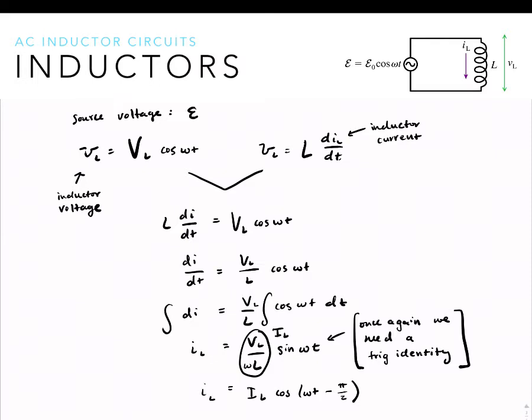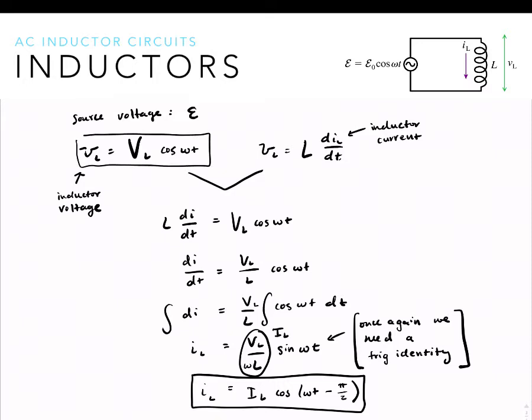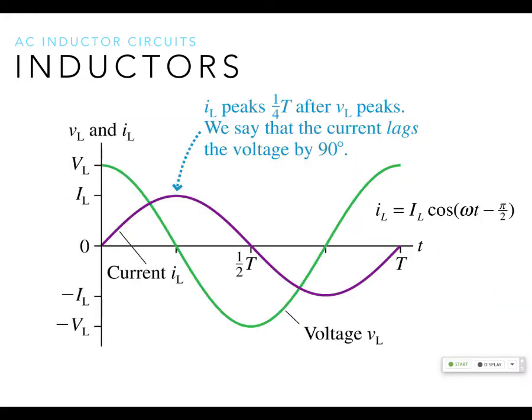Okay? So now, here's current. Here's voltage. When we look at the phase difference, it's switched. So if this is our voltage, you can see voltage now peaks just before current.